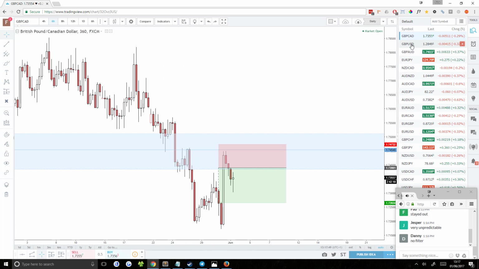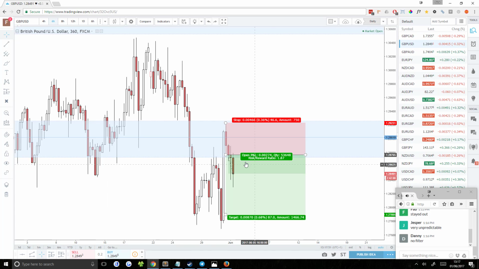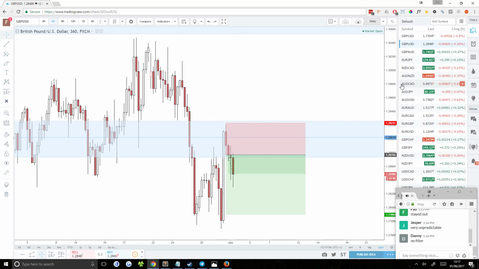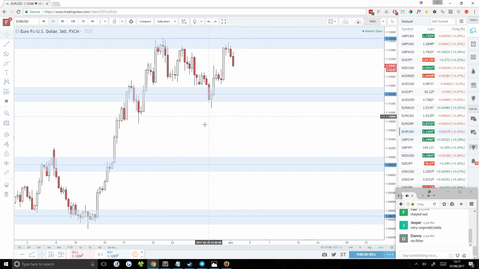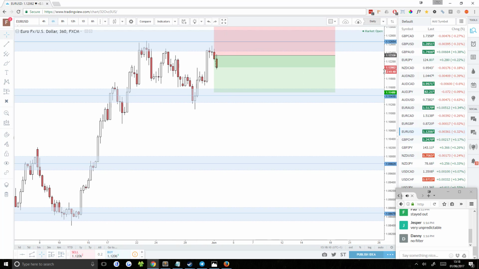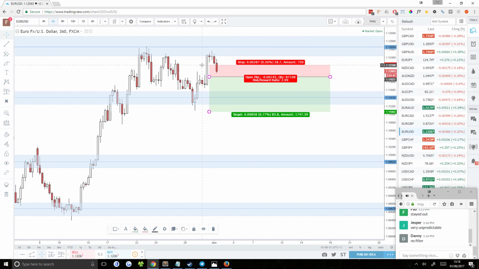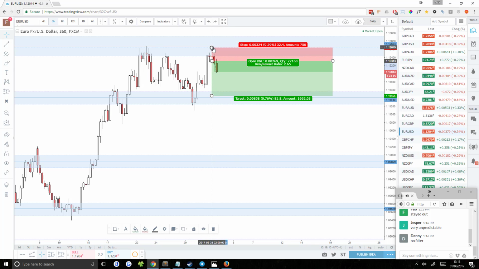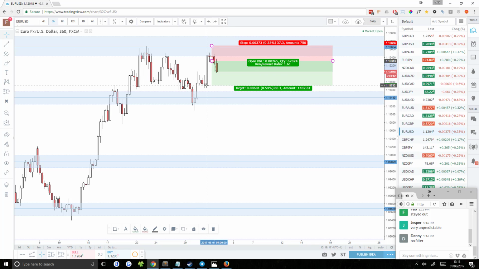All right. Hey, that's pushing back down now too. So yeah, Euro USD. A few of you guys are short. It's looking decent. Let's have a quick close look at this. So what's the target here?